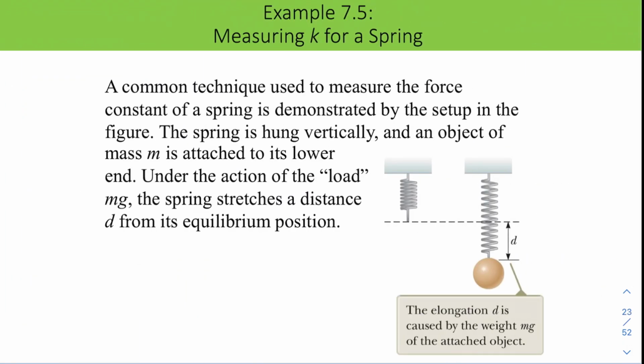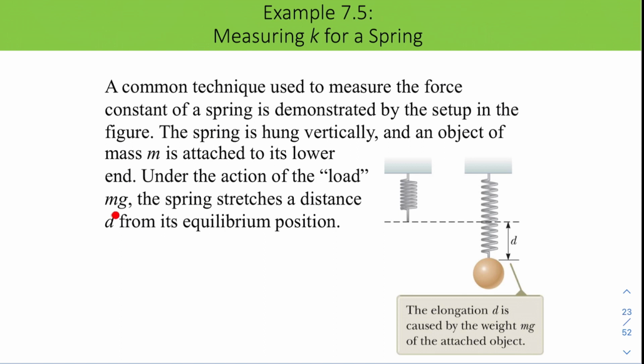So example 7.5, measuring k for a spring. A common technique used to measure the force constant of a spring is demonstrated by the setup in the figure. The spring is hung vertically and an object of mass m is attached to its lower end.